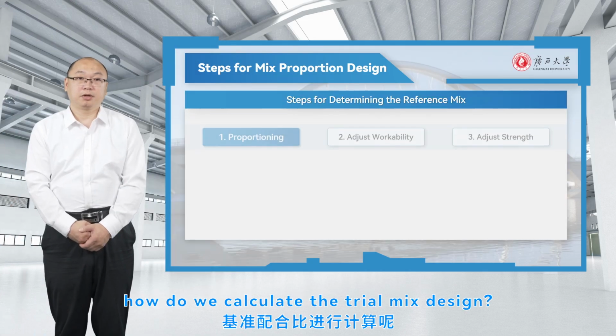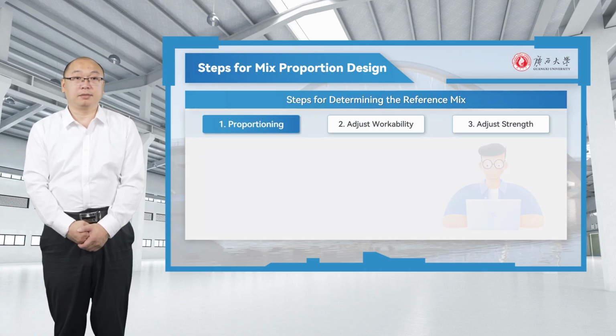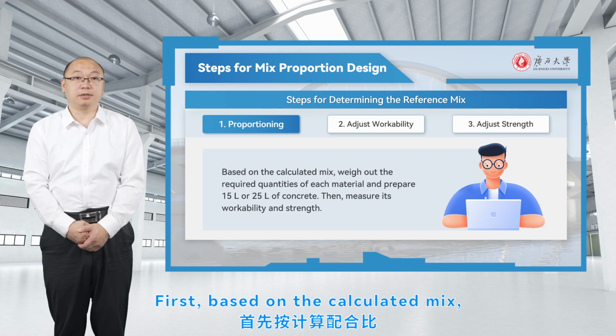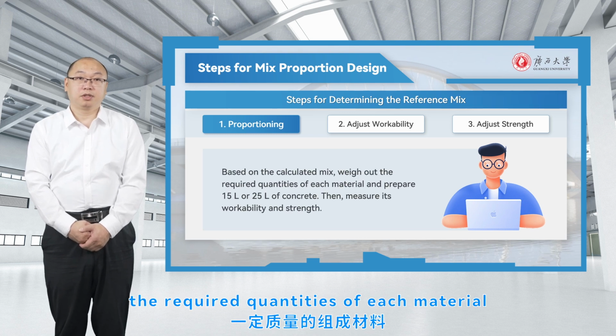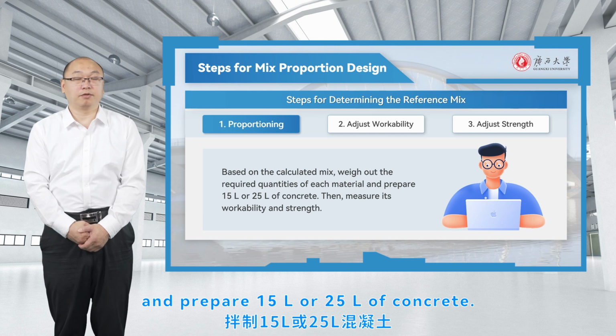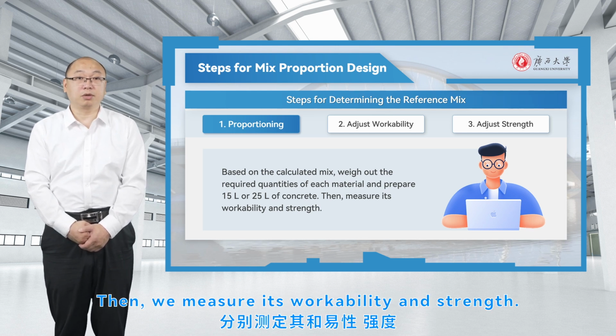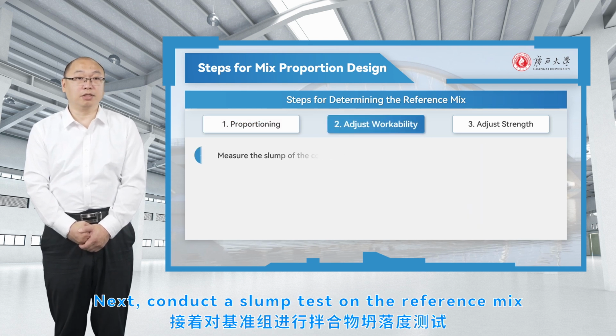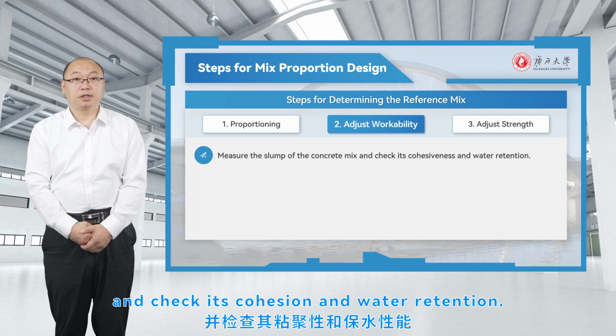So, how do we calculate the trial mix design? First, based on the calculated mix, we weigh out the required quantities of each material and prepare 15 liters or 25 liters of concrete. Then, we measure its workability and strength. Next, conduct a slump test on the reference mix and check its cohesion and water retention.